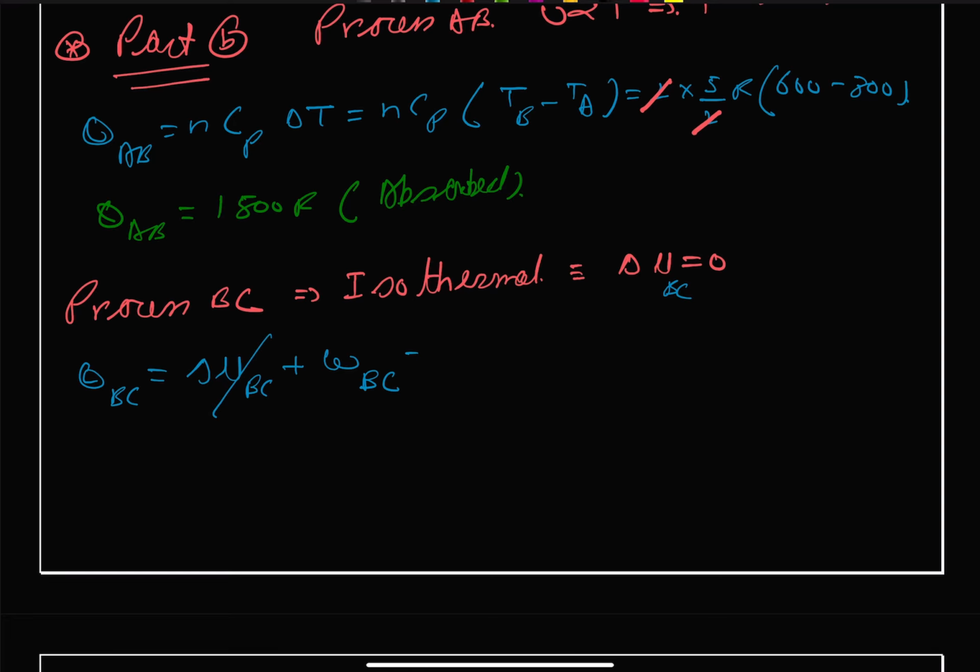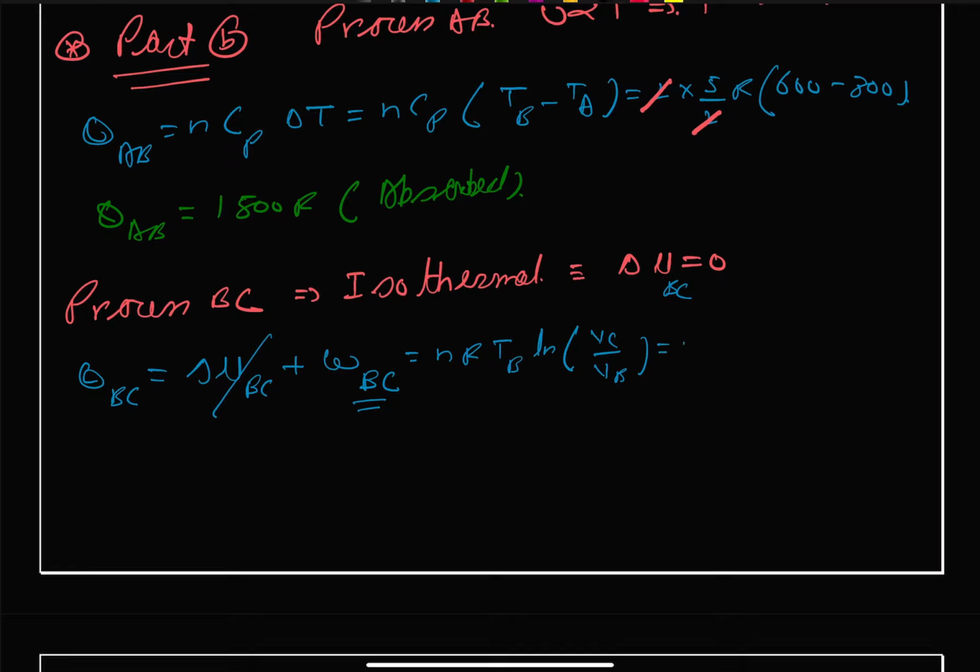So we simply find the work done using the equation nRTB natural log of VC by VB, and we substitute the values.